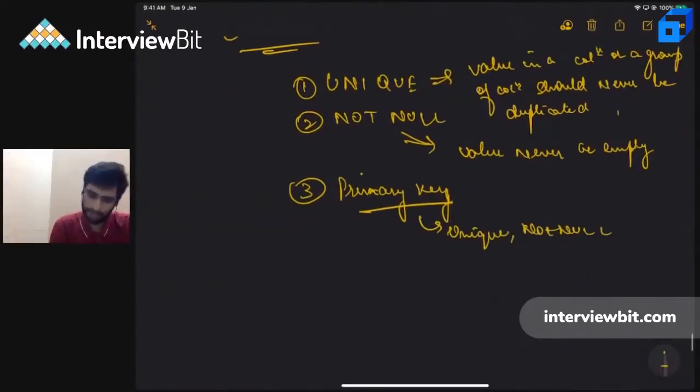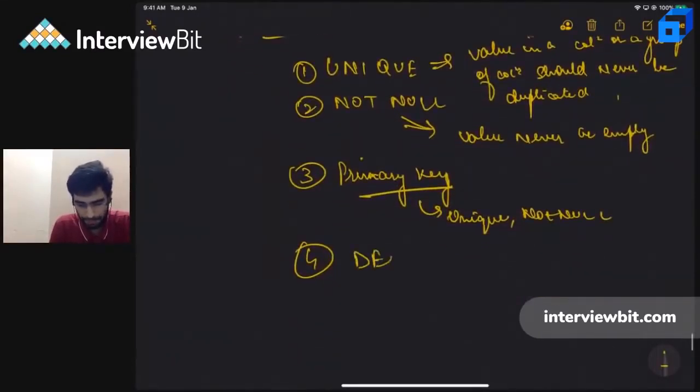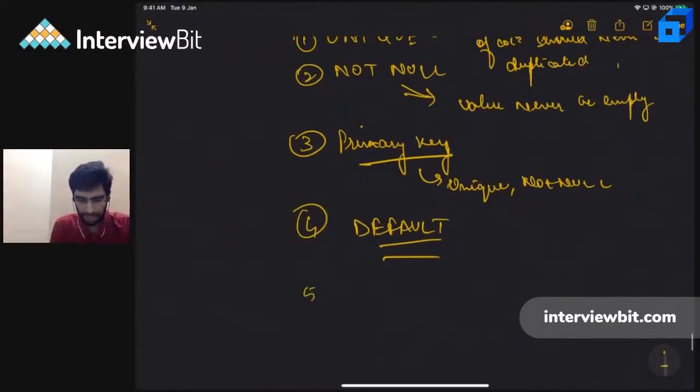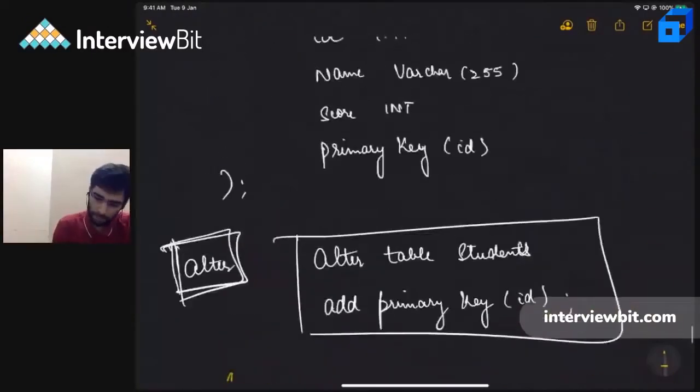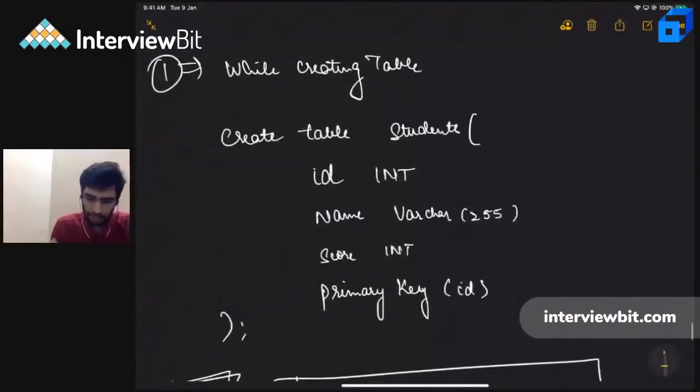Then there is also one more constraint, default. I tell it that if I somehow miss giving the value of a particular column, please set it to the default value. Then there is check. This check statement can verify that a value satisfies a particular condition. For example, suppose I also had a gender here.